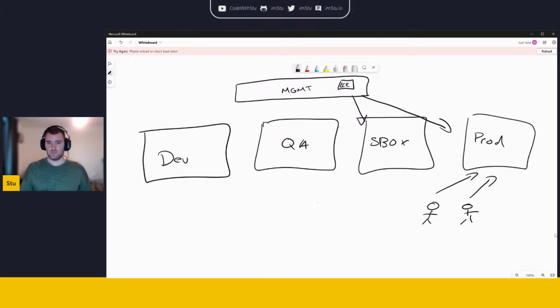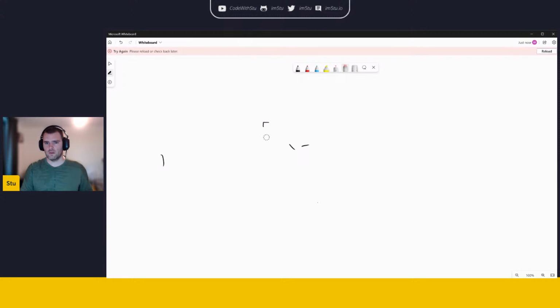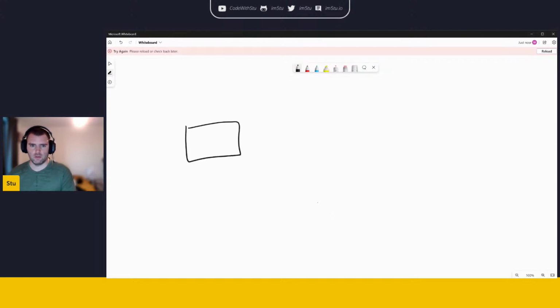So what they end up doing, look at my fancy eraser again, is they end up splitting by domain. In this kind of setup, they would have multiple accounts.